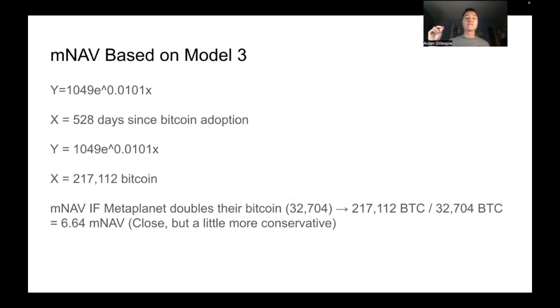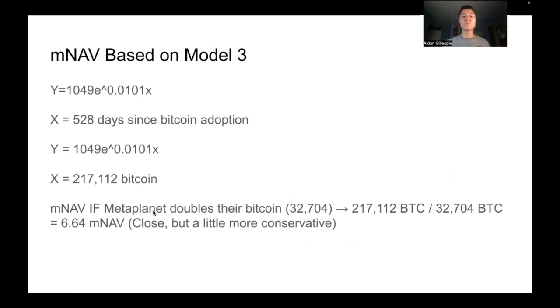At that MNAV, knowing that Metaplanet has doubled their Bitcoin holdings, and with the consideration of where Metaplanet's MNAV would be trading at, Metaplanet would essentially be valued by the market at 217,000 Bitcoin.